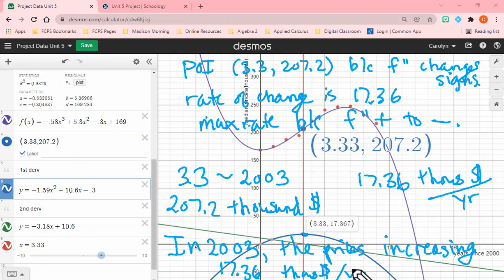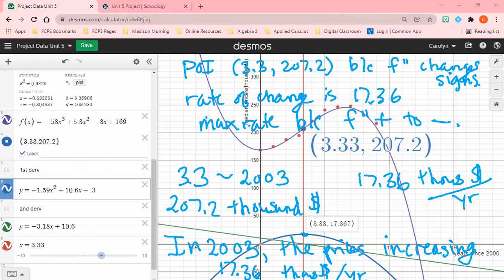So let's say at the beginning of 2003, if it cost 200, by the end of 2003, it would have gone up $17,000. That's how you can do it. So we did the sentence, and here I just wrote down the units by looking at what was on my graph.